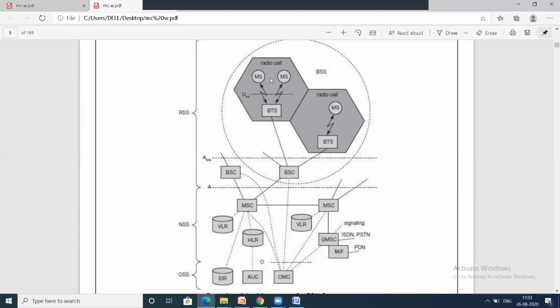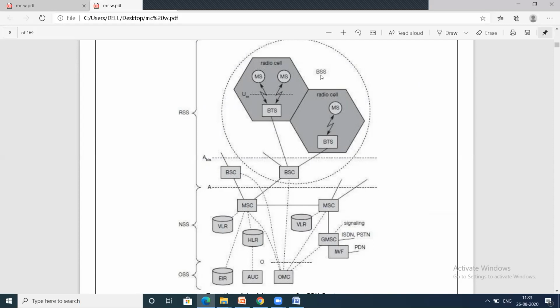And these are the components. This is very important. I have repeatedly told you, this particular point is called a radio cell, and this particular point is called a radio cell. This radio cell contains a mobile station and a BTS connected with the Um interface, and all this circle is known as the base station subsystem. This is BSS. BTS means base transceiver station.